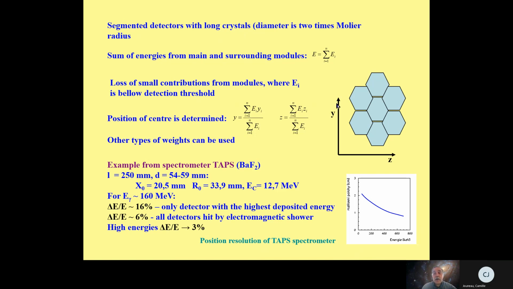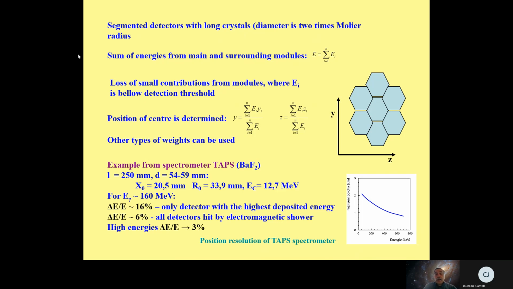And also their radii should be near the Molière radius. The whole energy we obtain as a sum of energies from the main and also surrounding modules. The problem is that some energy we will lose from modules which have very small contribution of energy, below some threshold.